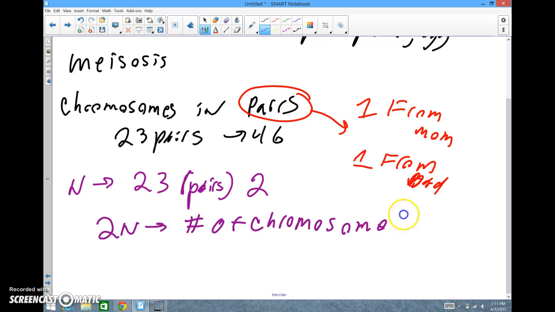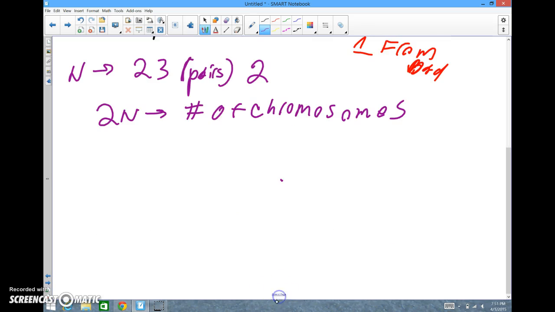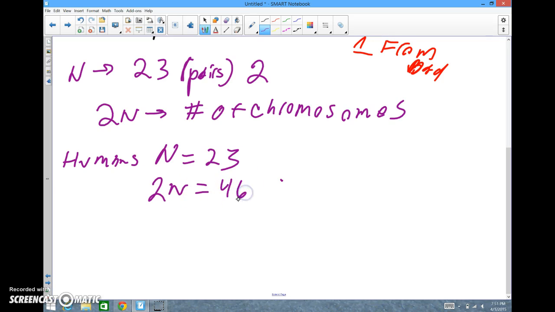So let's take a look at this in terms of two specific examples. Okay? So for humans, n is equal to 23, because that's the distinct number of chromosomes that we have in terms of unique chromosomes. 2n is equal to 46, because that's the actual number of chromosomes.